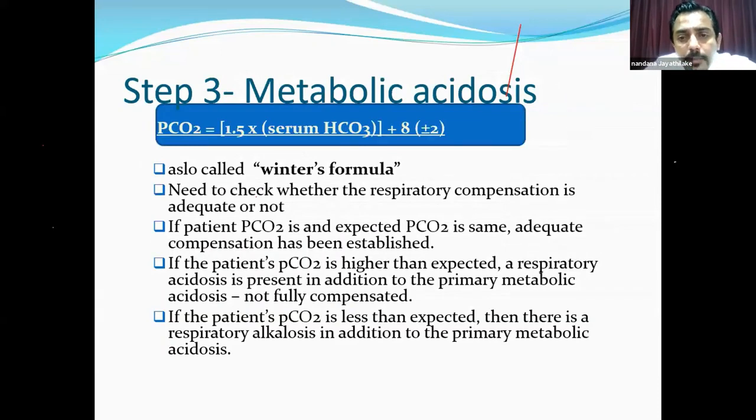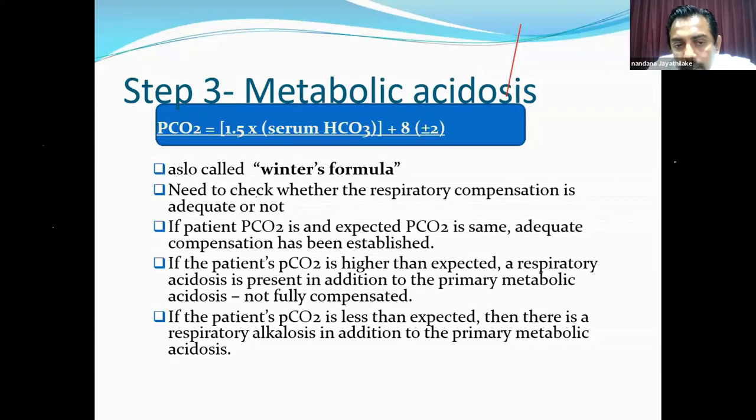Now, step 3 for metabolic acidosis. Some of you know what this is. This formula is called Winter's formula. Make a snapshot or write it down. In a patient with a metabolic acidosis, you have to check whether the respiratory compensation is adequate or not.